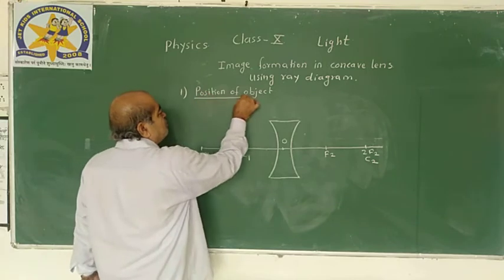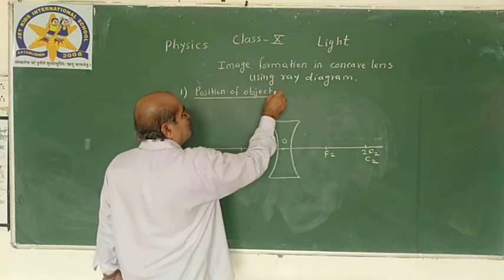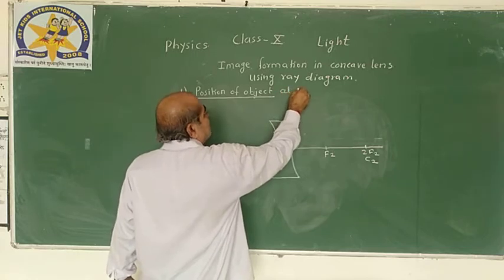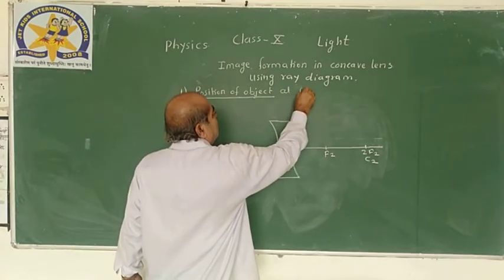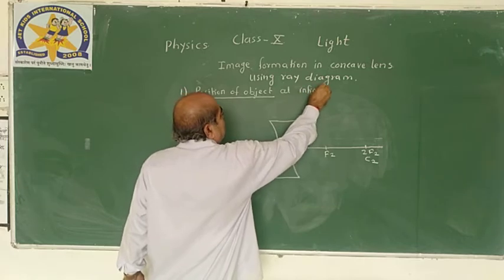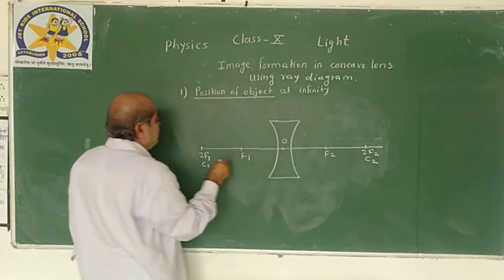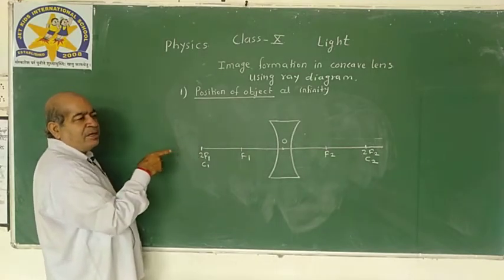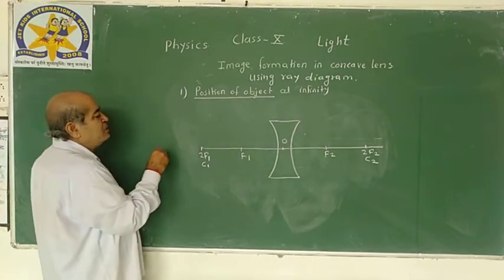Now the first position of the object is when the object is at infinity. When the object is at infinity, a parallel beam of light is emitted from the object.